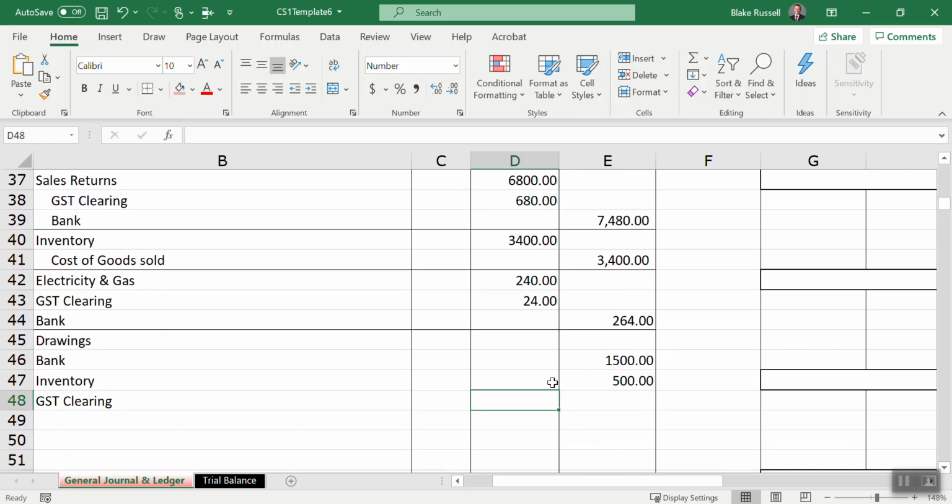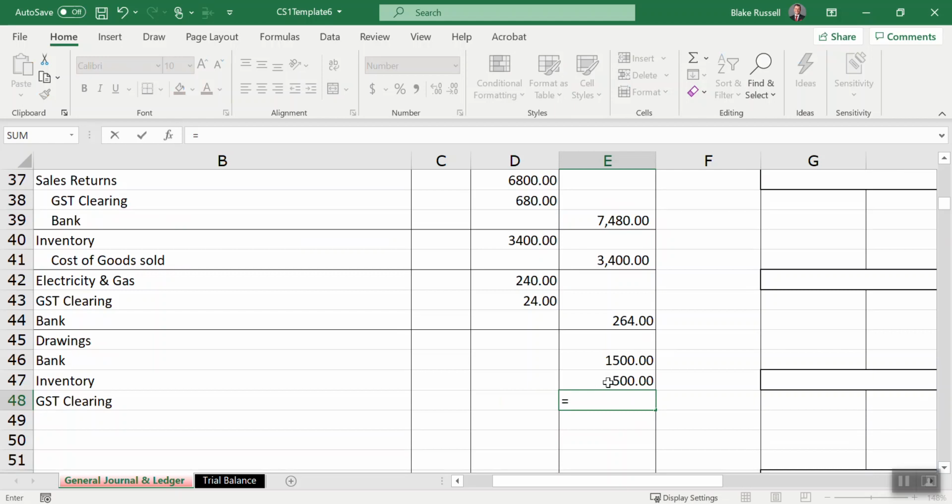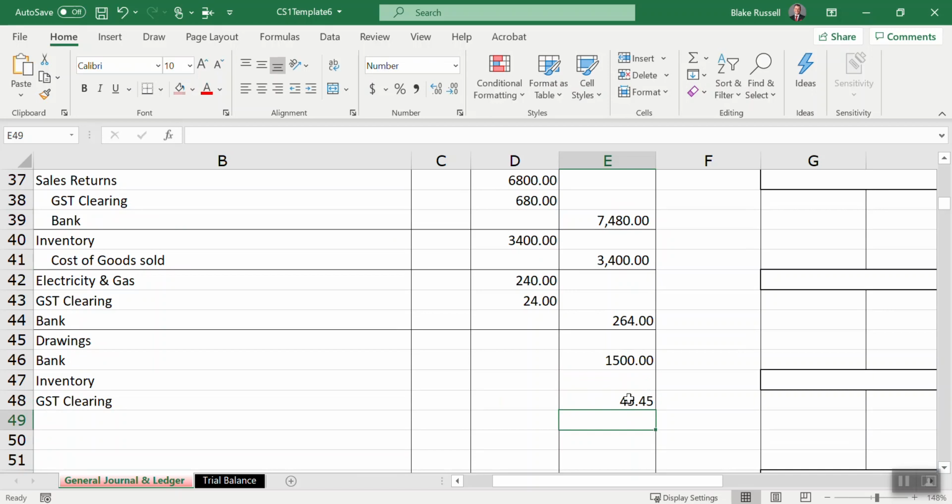All right. Okay. They've done it this way. Okay, I can see what they've done. I don't like it this way. All right, I probably wouldn't do it this way, but they've taken the GST out of that 500.